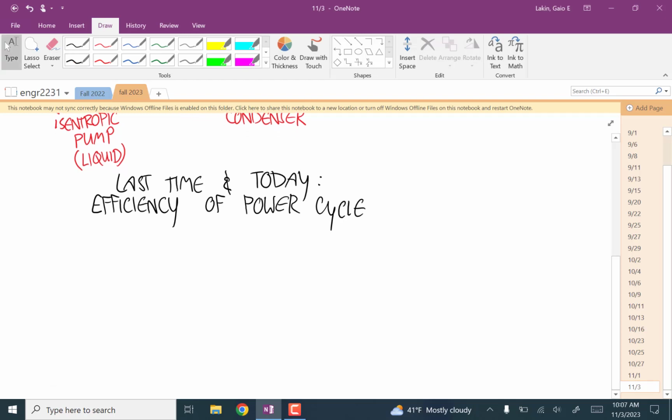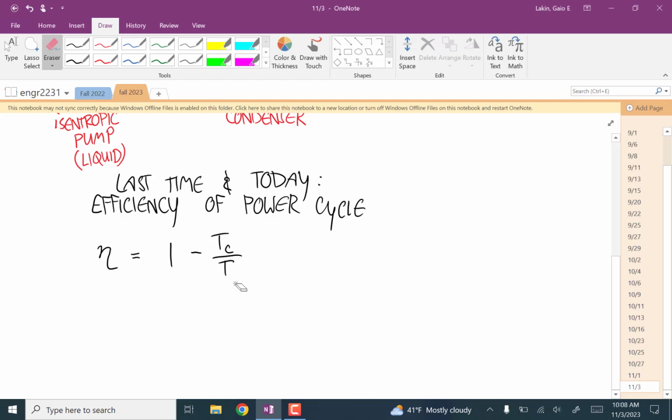And today, we're just deriving these ways of calculating the efficiency of this cycle. The first one we got, which I think is interesting, is we talked about just in passing a couple weeks ago that you can calculate the efficiency based on the temperatures at the high and low temperature reservoirs. And we showed now that for the Rankine power cycle, the efficiency is equal to 1 minus the temperature at the condenser over the temperature at the boiler. Okay?